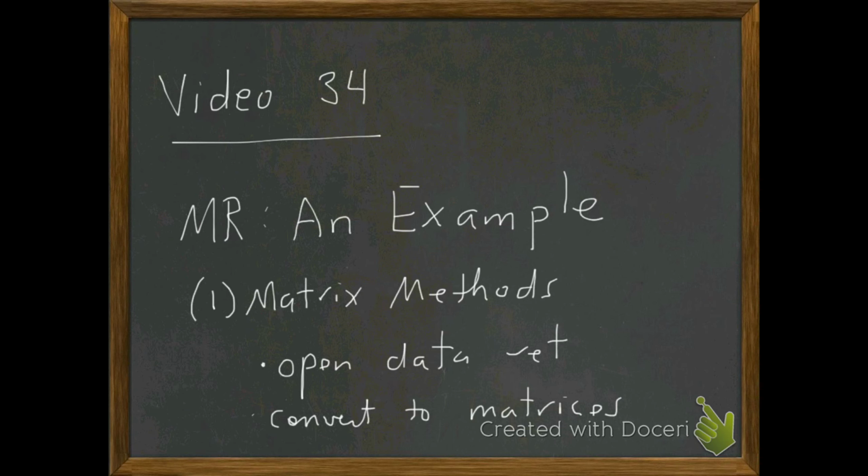We're going to get into the inference, so we'll be looking at the test statistics, the p-values, and the confidence intervals. The final thing we'll do here is see how matrix methods can be used to make estimates of mean responses and predictions of new observations.